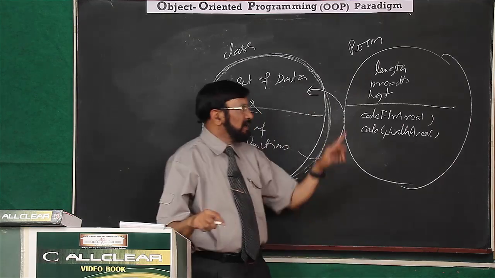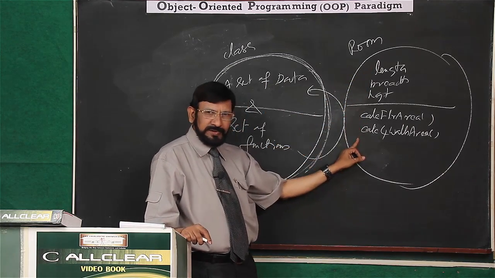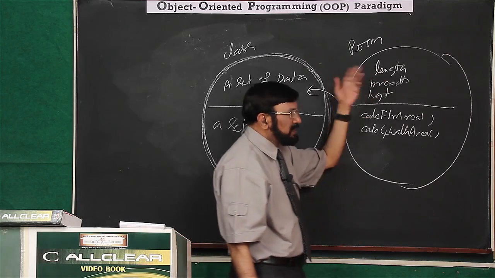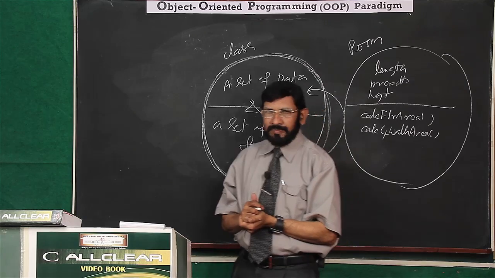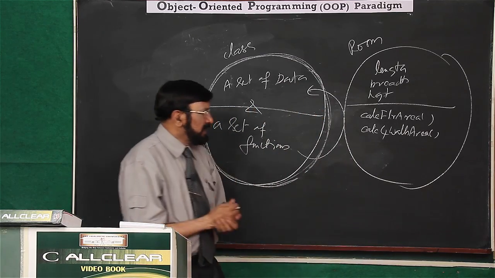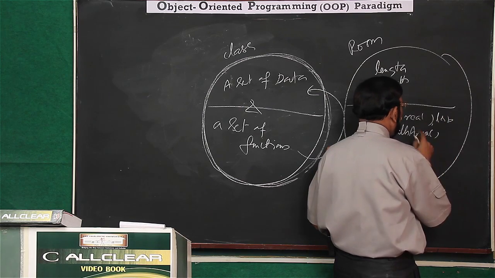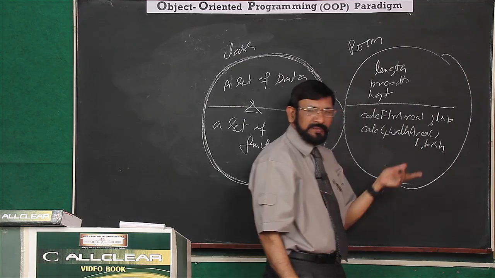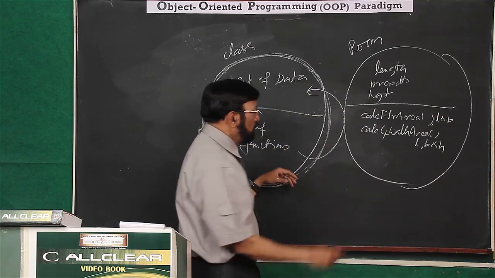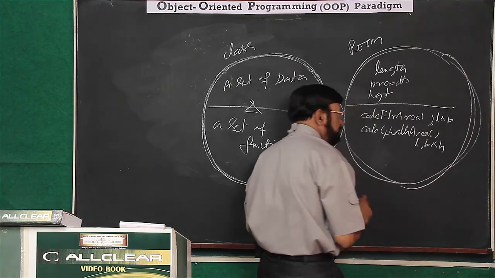You see that this is a set of data and set of functions which act upon the data. Now you see, calculate floor area function, which data it requires? It requires L and B. What does the other require? L, B and H. It acts upon the data. Okay, now these are encapsulated as one unit.